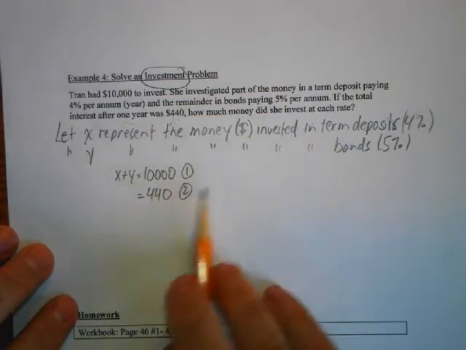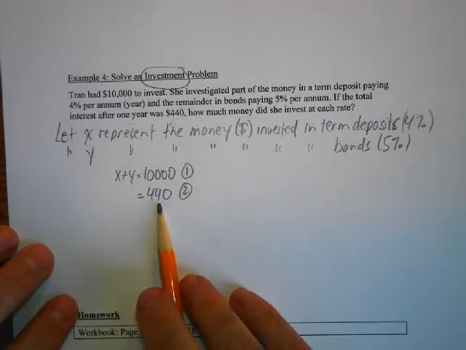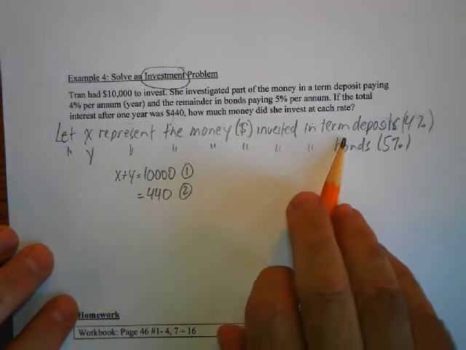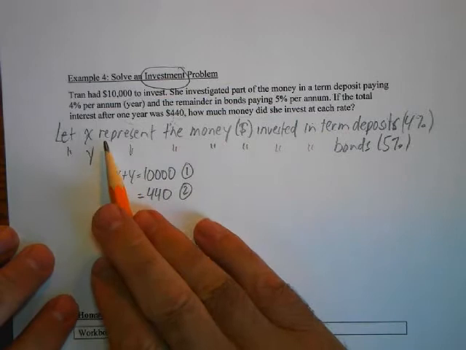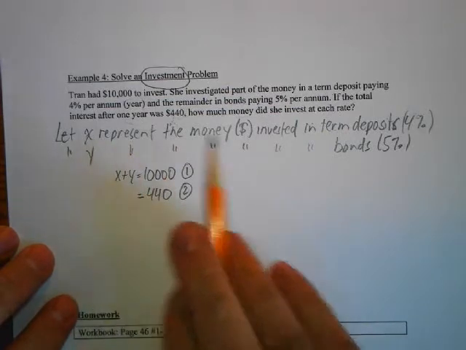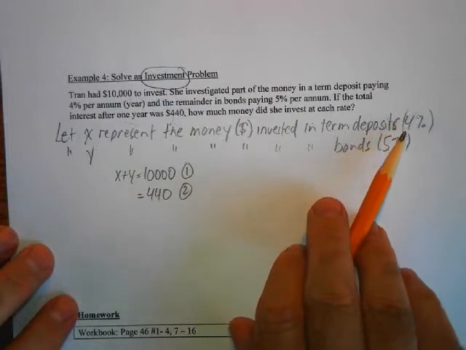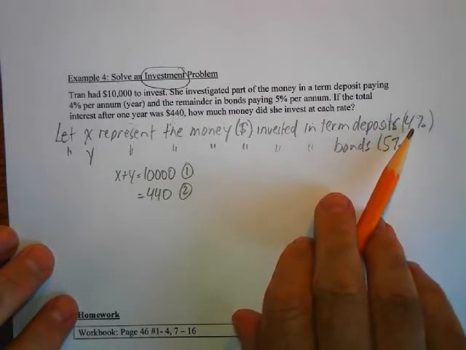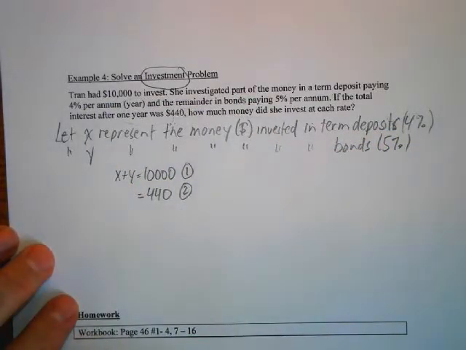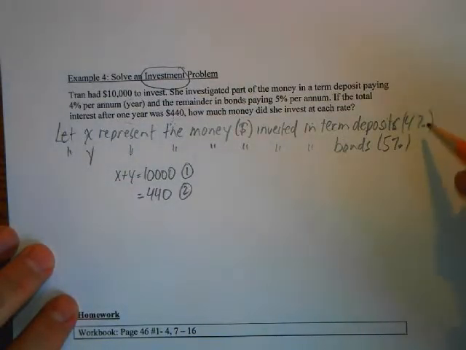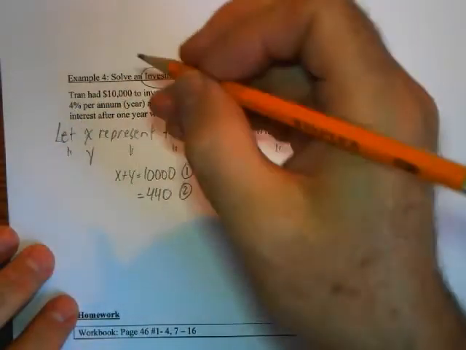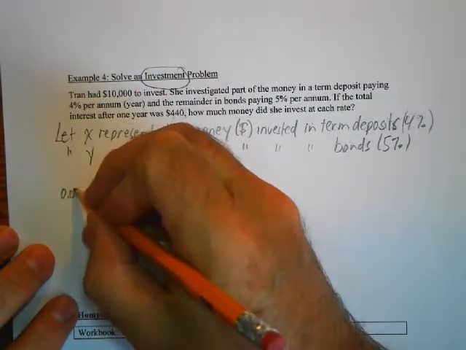Okay, so how much interest would she have made from the term deposit? Well, it's whatever she invested, which is X dollars, times the percent, the interest rate. So 4% of X is how much interest she made from term deposits. Now, when you're making an equation, you can't put percent signs, but 4% is actually equal to 0.04.